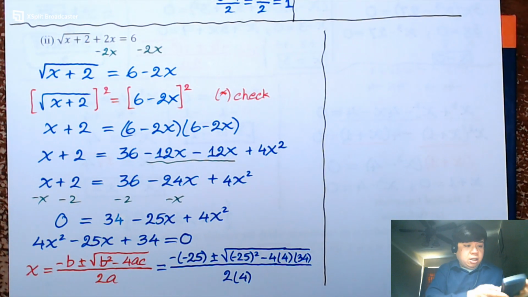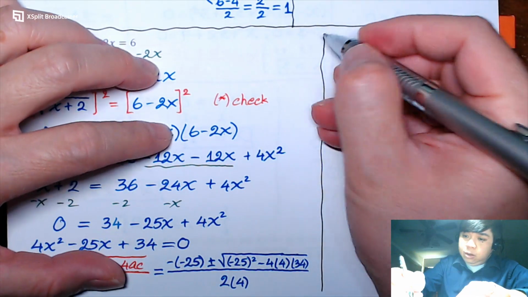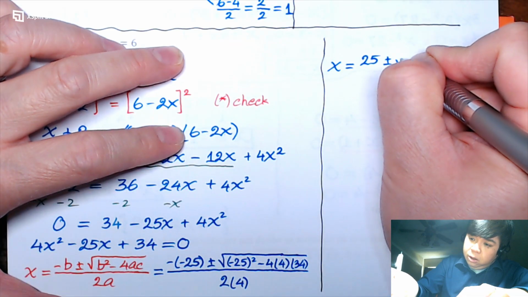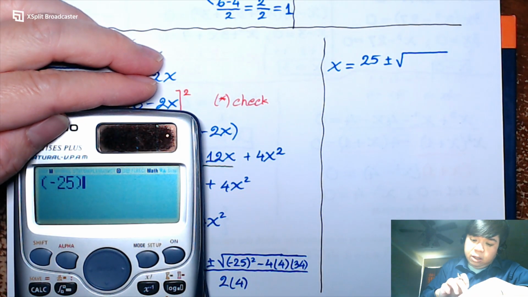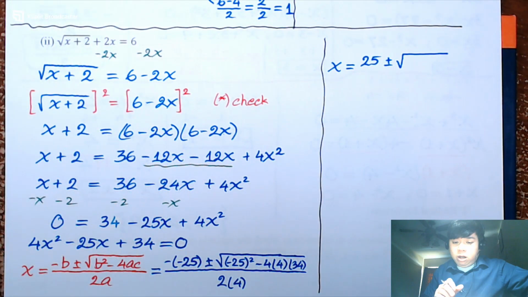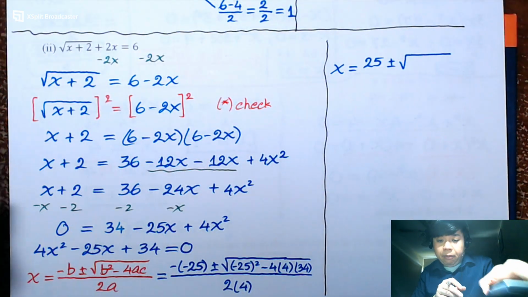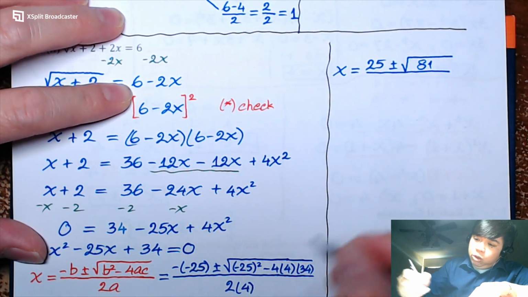Now we simplify that. I need the calculator. Okay, negative negative 25, that's 25, plus or minus the square root of negative 25 squared minus 4 times 34, that's 81, over 2 times 4, which is 8.